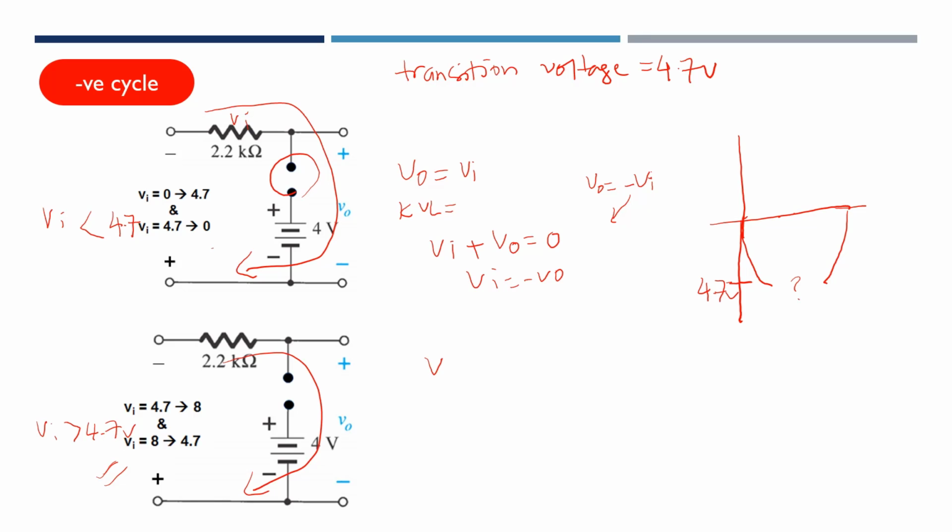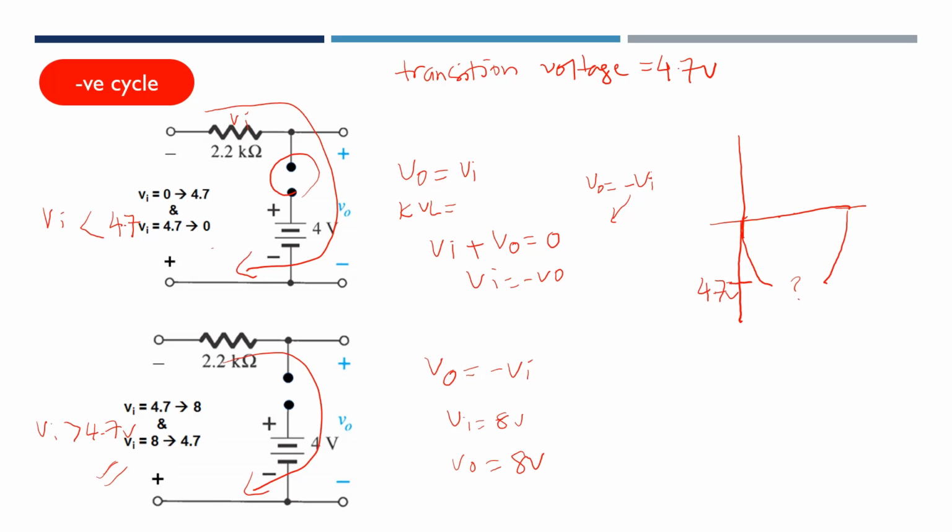Again we can do the KVL, and we get a similar result, that V out is equal to negative VI. At this moment, for the maximum of the VI, which is 8 volt, V out is equal to 8 volt.